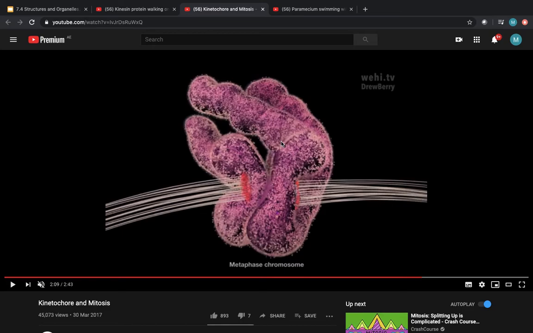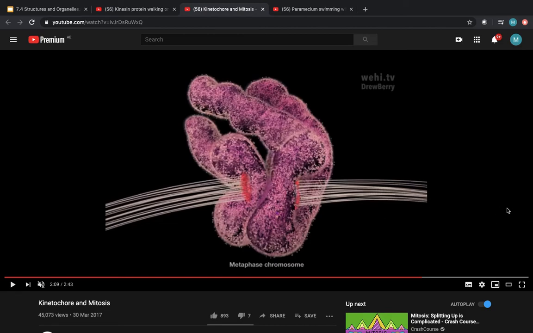This is an extremely important job, and all of these little strings are microtubules that are holding on to this chromosome. So you see microtubules holding on to this one, and then on the other side, microtubules are holding on to this. These came from the centriole, okay?